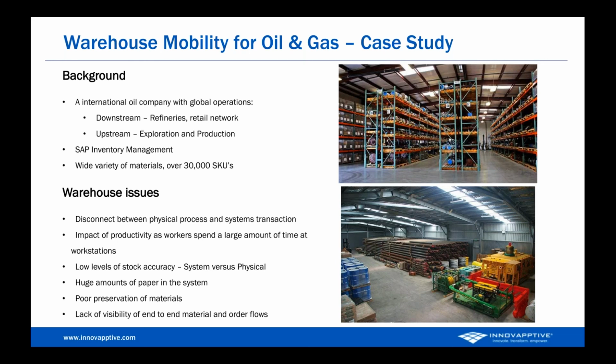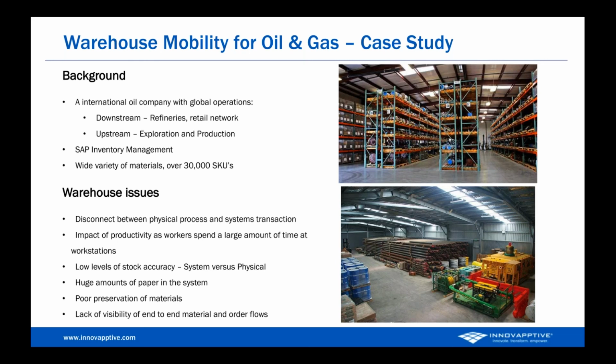There's huge amounts of paper. In oil and gas, the goods receipt side not only has bill of lading and delivery notes, but you'll get all sorts of certificates coming in with the materials, conformance certificates, heat certificates, depending on what the material is, and trying to keep control of all that paper is very complex. Preservation of material is also very important in oil and gas.